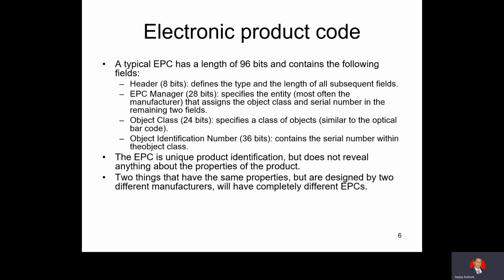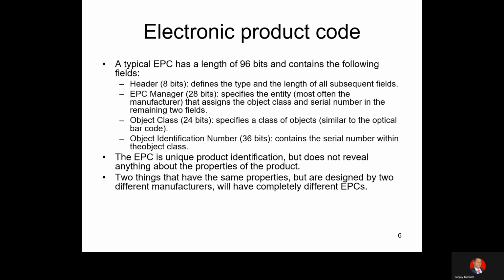Let us see the electronic product code. It has a length of 96 bits: header 8 bits, EPC manager 28 bits, object class 24 bits, and object identifier number 36 bits.